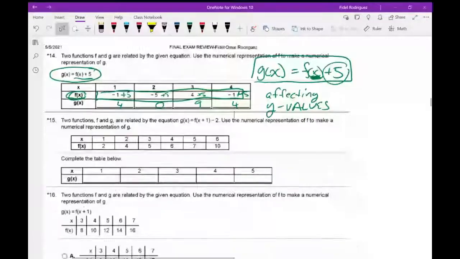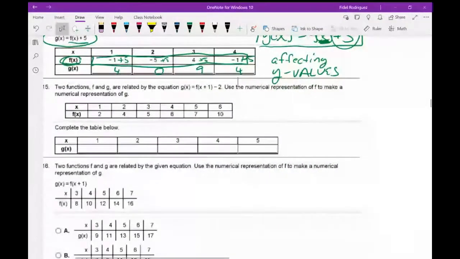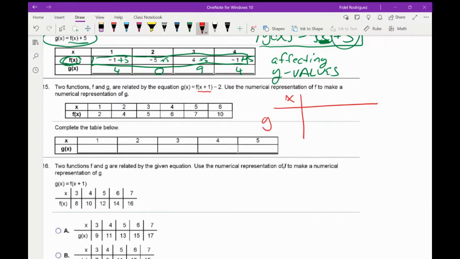So I want you to look at number 15. Number 15, very, very similar to 14, but notice this part right here, how we have that x plus 1 on the inside. That means we're changing our x values, okay? So what I'm going to do is make a new table for my g of x, okay?